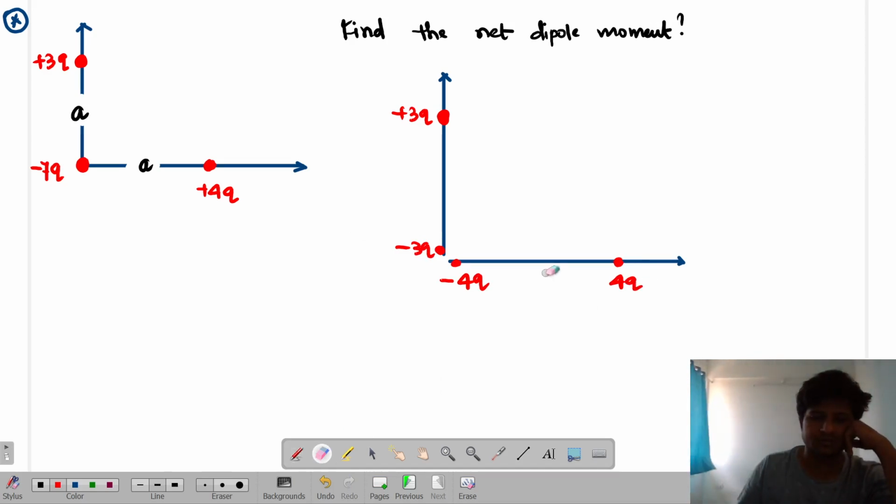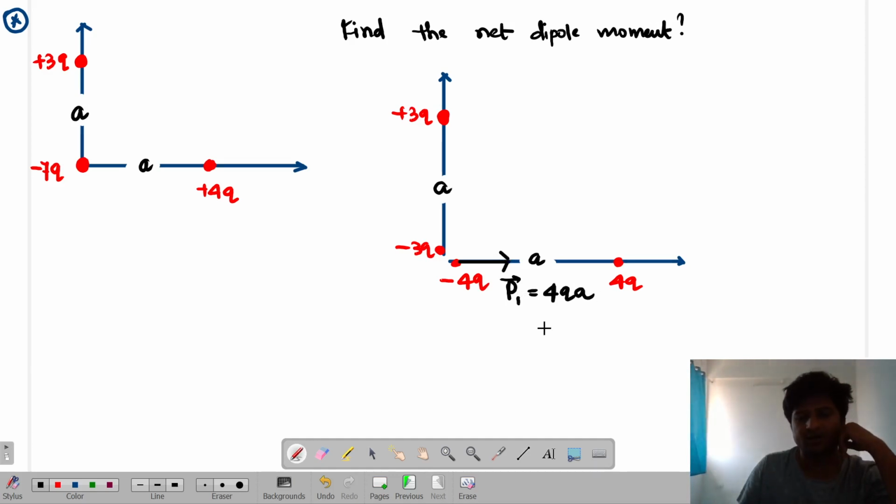So then I get two dipole moment vectors or not? So look over here, I have a. One is my dipole moment vector from minus q to plus q, which I call the P1 vector, which is equal to how much? Simple, 4q into length a. Is that clear or not?